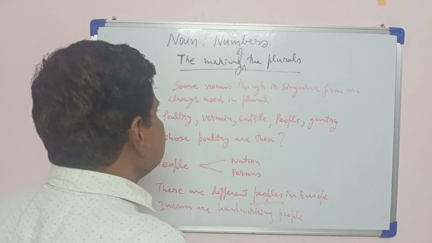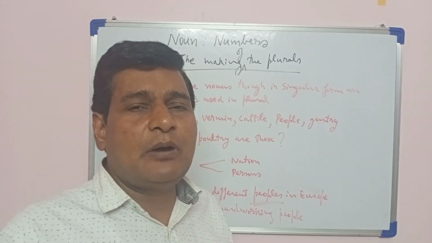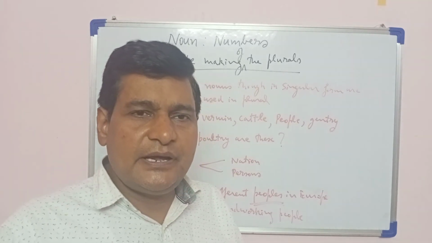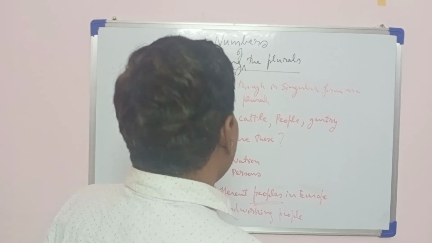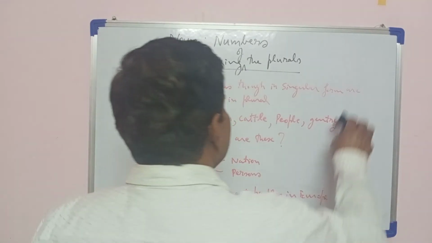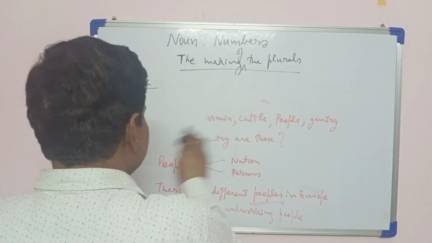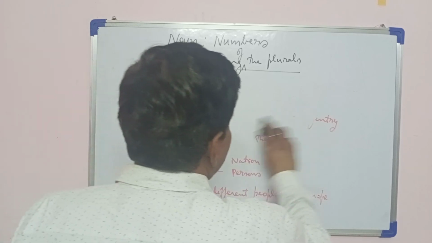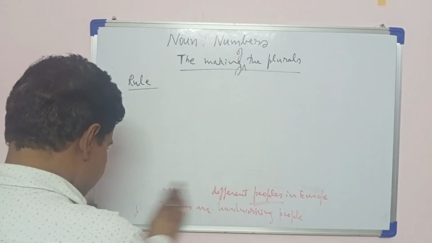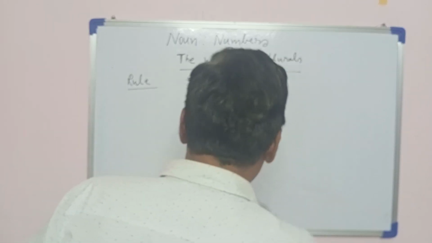Now we will talk about some compound nouns. Compound nouns make their plural by simply adding s or by changing the vowel of the main word. That is also applied. So let's understand.